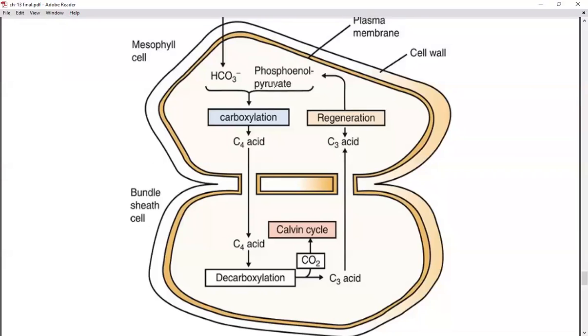So again, when the phosphoenol pyruvate is formed, carboxylation takes place, that is the fixation, and once a CO2 molecule is added, it forms C4. Again it enters the bundle sheath cell, again decarboxylation takes place, again C3, and the cycle continues. And what happens to the one released carbon dioxide? It enters the Calvin cycle.